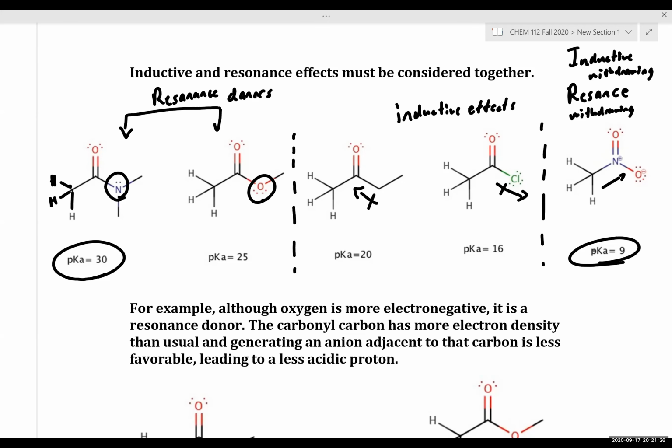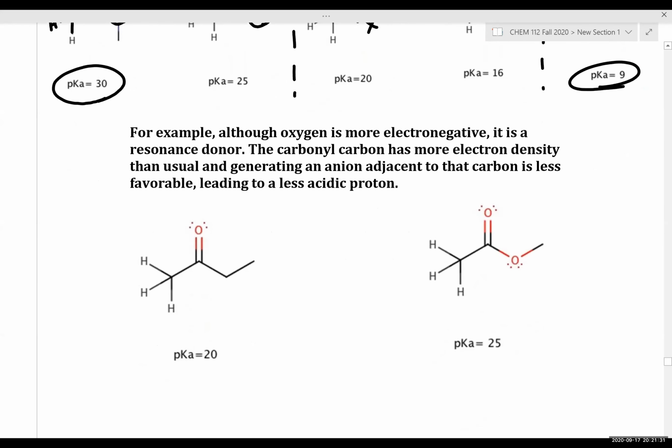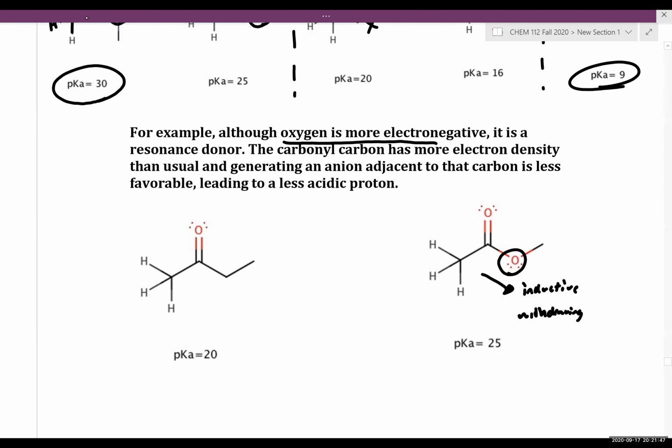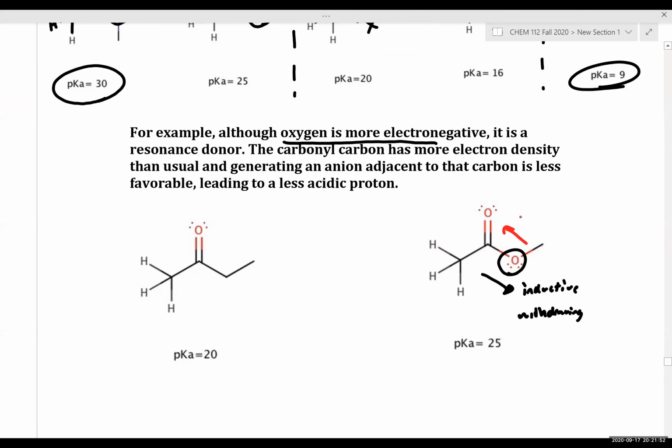Perfect. So let's talk about this with a little more nuance. In this example, although oxygen is more electronegative, right? This oxygen is inductive withdrawing. Note that the oxygen is also a resonance donor.